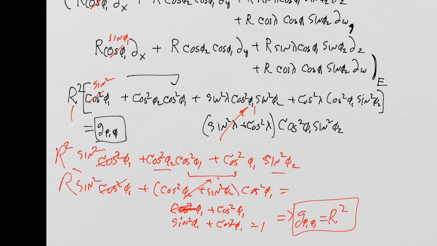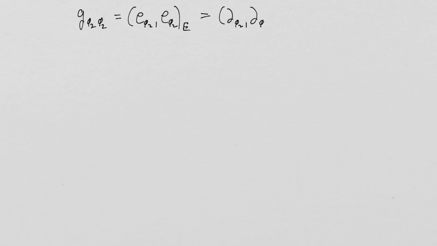So we can do this for the second component. Right? We can look for g phi 2, which is going to be, the way we calculate that is we go e phi 2 in the Euclidean basis, and that will equal partial phi 2 in the glome basis, right?